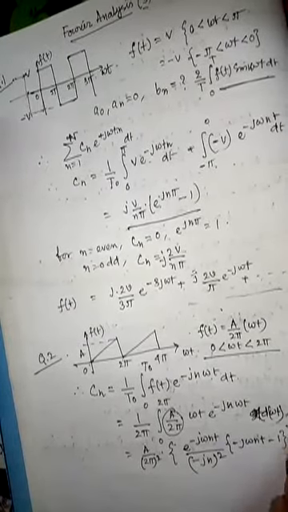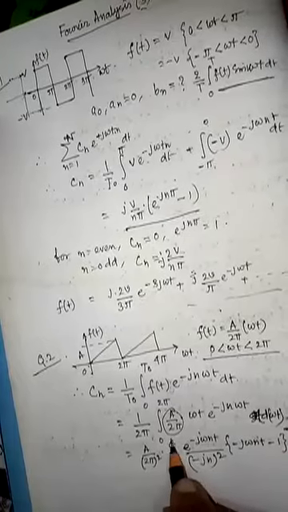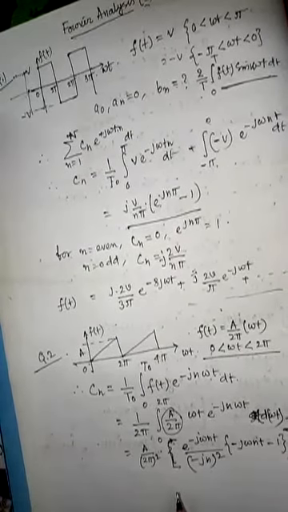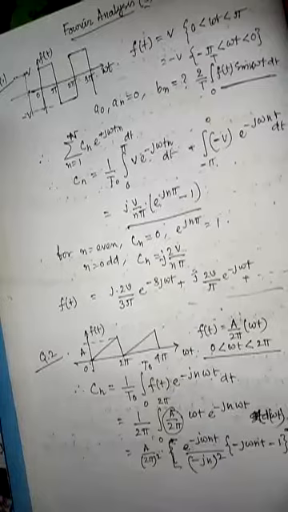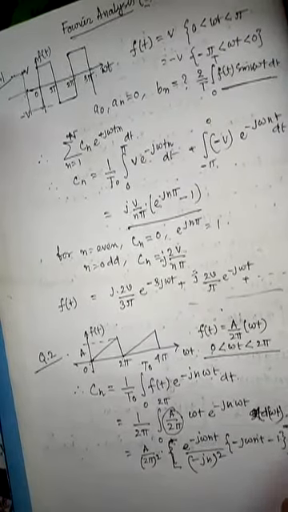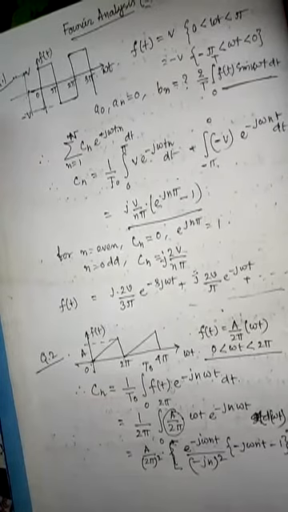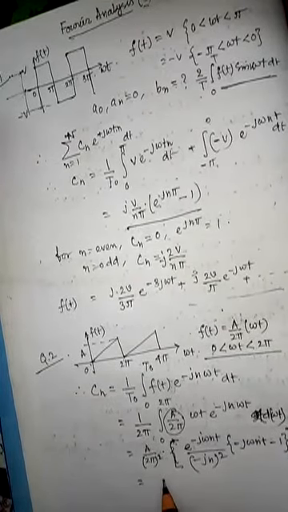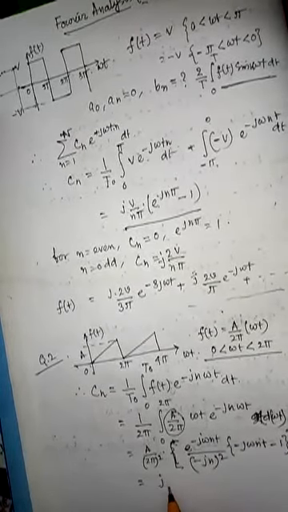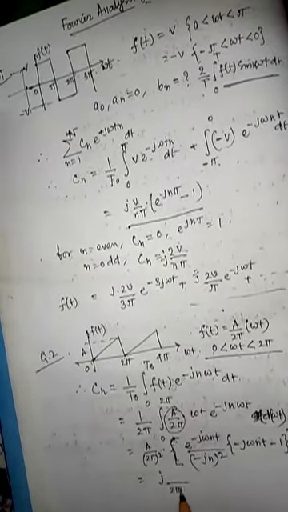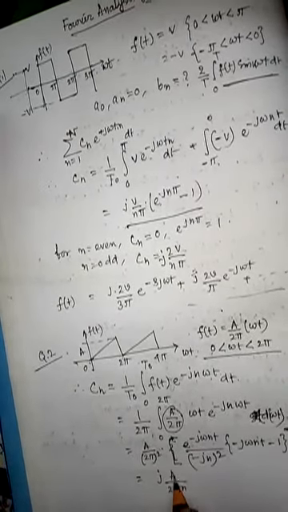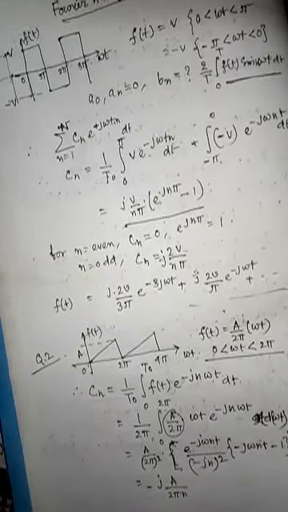So it should be the third bracket actually, and the final answer will be in the range 0 to 2 pi. Integrating within the range of 0 to 2 pi, the final answer will be j by 2 pi n into a with that minus sign.